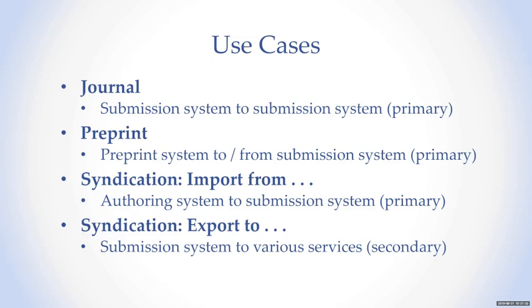So we have to have a way to exchange the manuscript to and from the preprint servers. There's also been a growth in authoring tools and collaborative authoring systems, and having a way to exchange manuscripts between those front-end tools and the submission system is another primary use case. And then finally, we are also looking at to and from various services, production platforms, and hosting platforms.